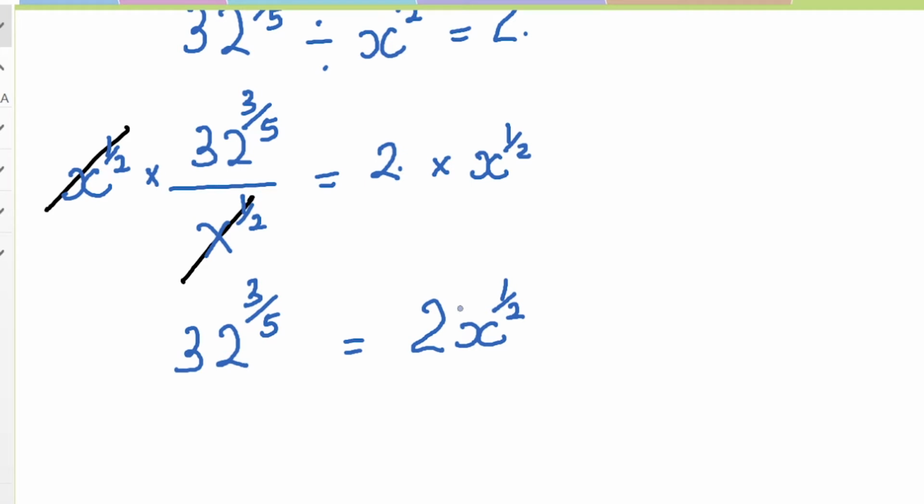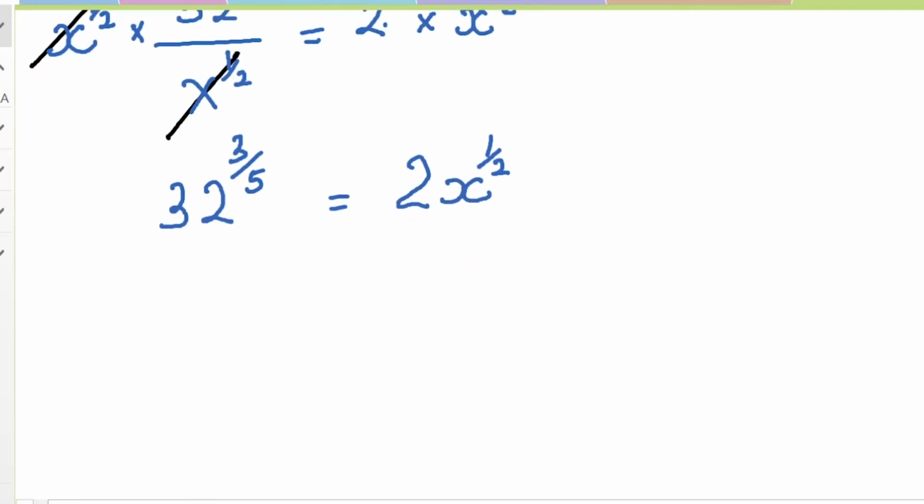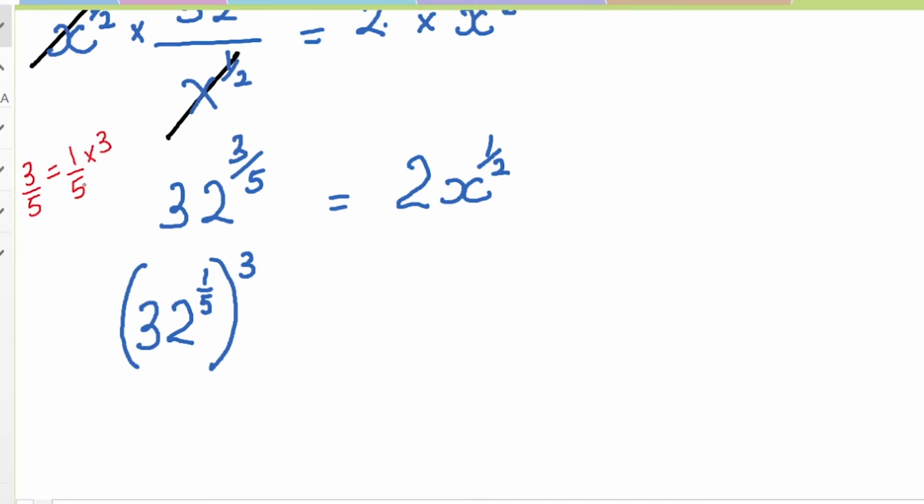So now, if you look at this further, 32 to the power 3/5 is the same as saying 32 to the power 1/5, and this is to the power 3. That is what it means. We are splitting this 3/5. 3 over 5 is the same as saying 1/5 times 3.